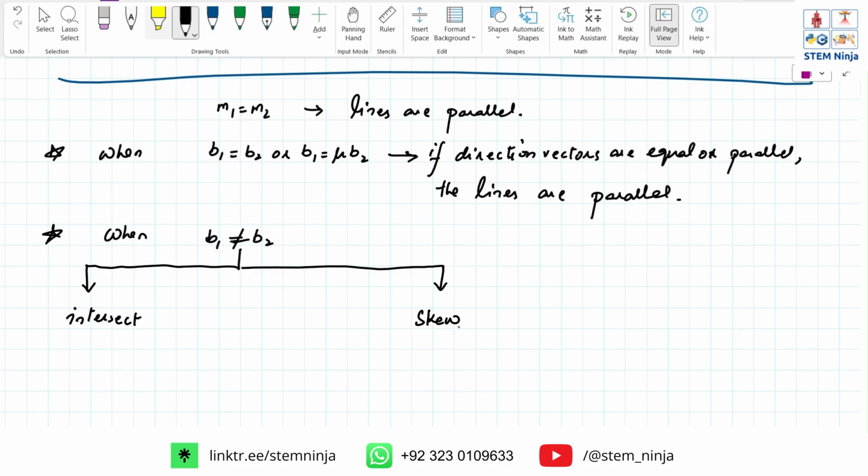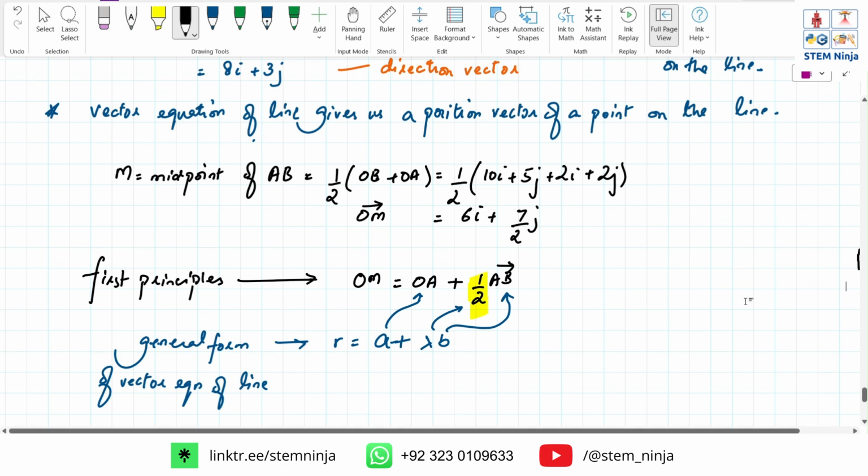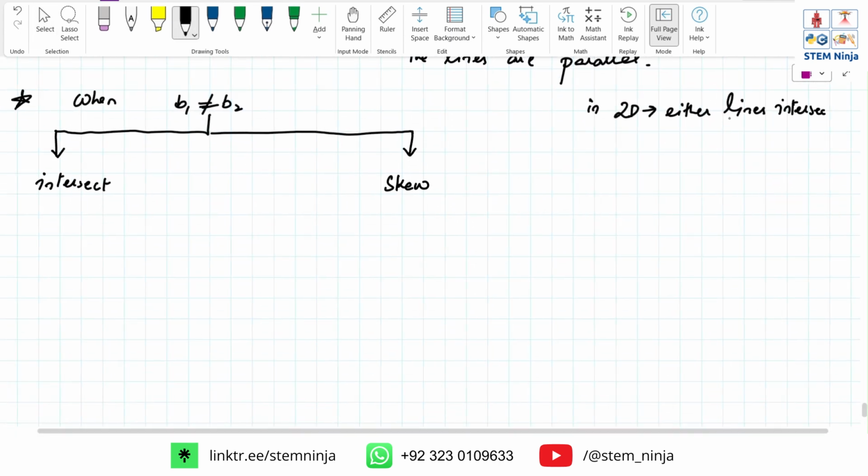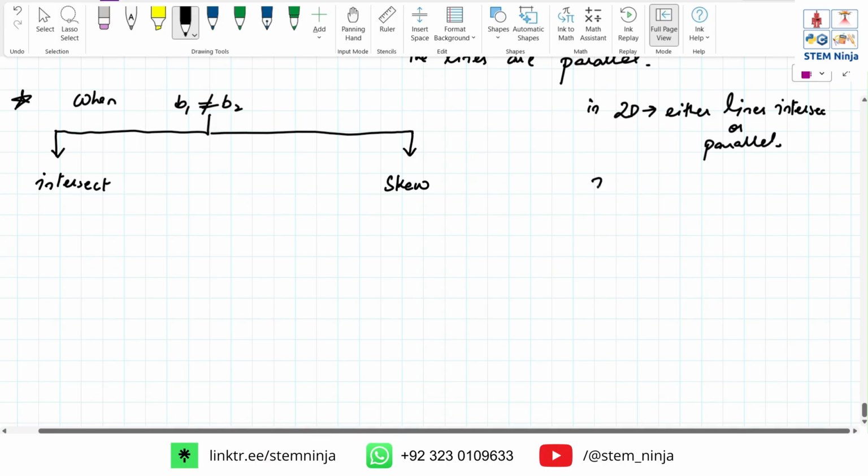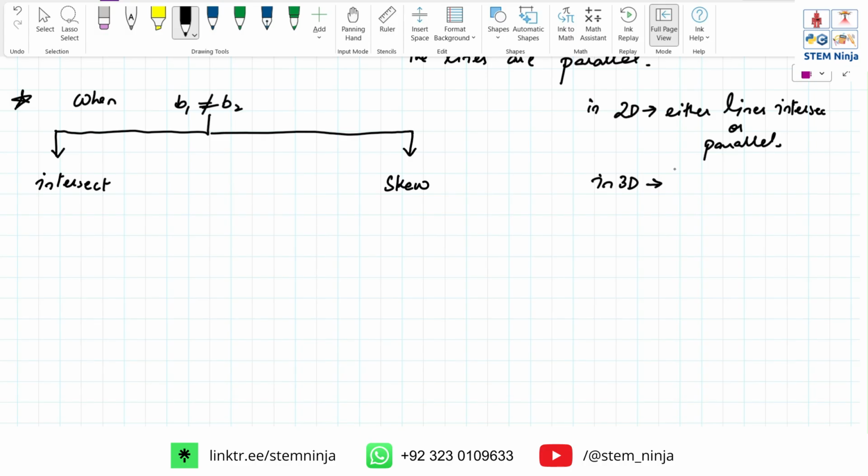So in 2D, there are only two possibilities: either they intersect or they are parallel. But in 3D, there are three possibilities. Either lines intersect, or lines don't intersect.